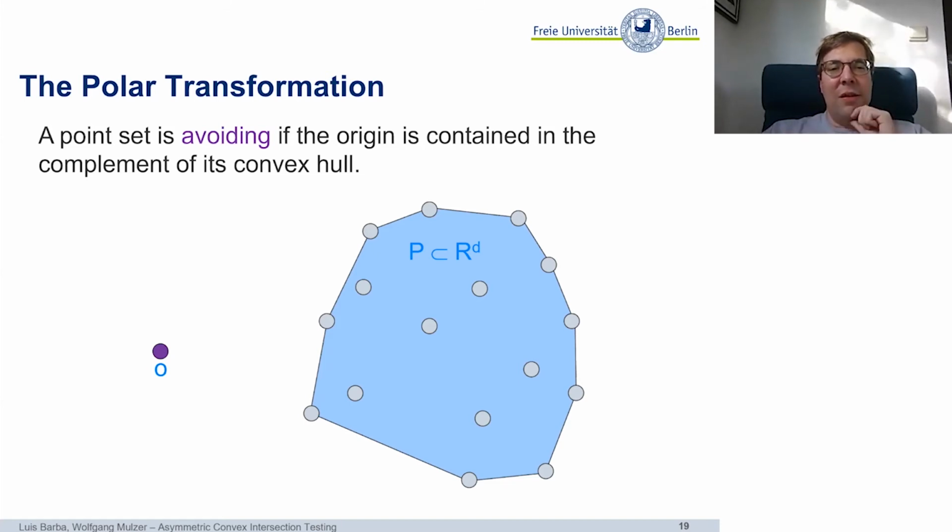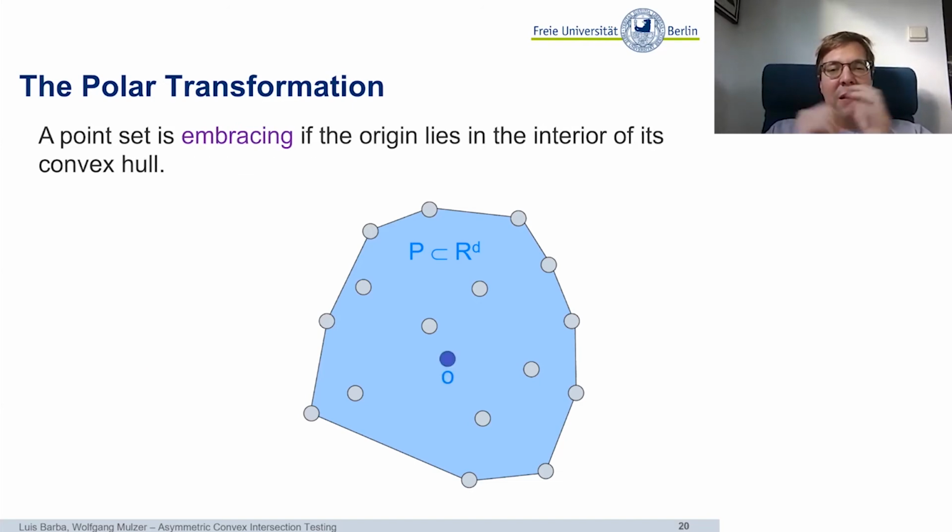Here the definition is of an avoiding point set. I call a point set P avoiding if the following happens. I look at the convex hull of this point set, and the origin is not contained in the convex hull of this point set. So avoiding means the convex hull of P does not contain the origin.